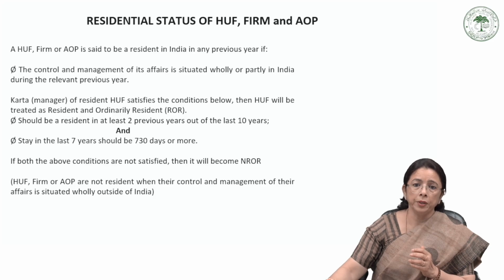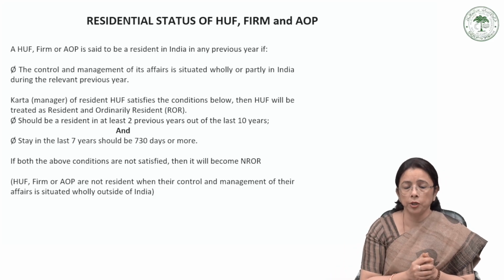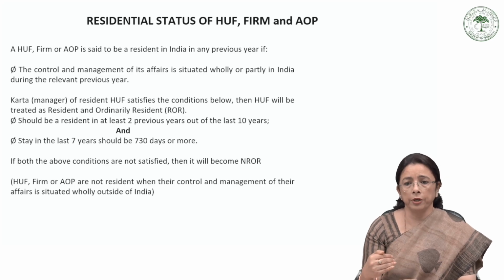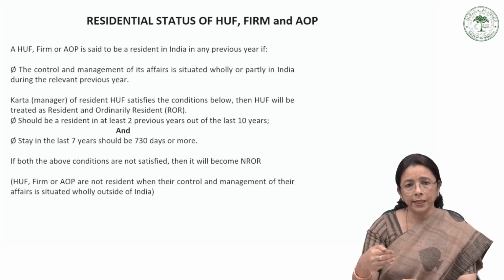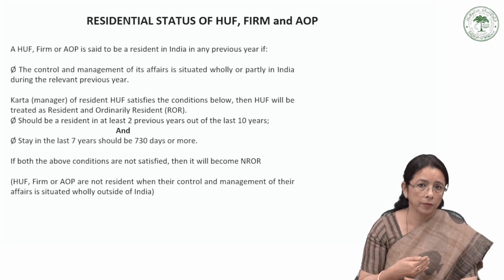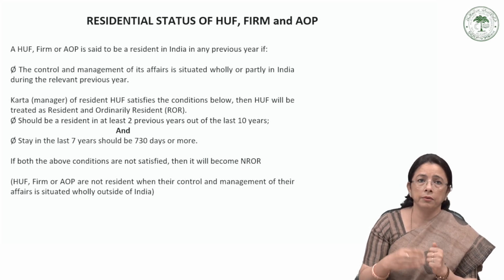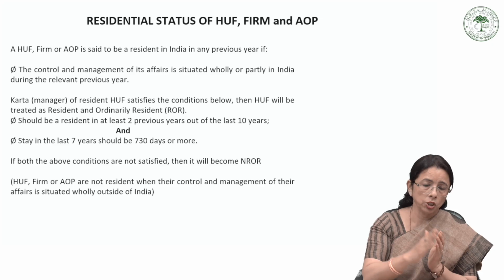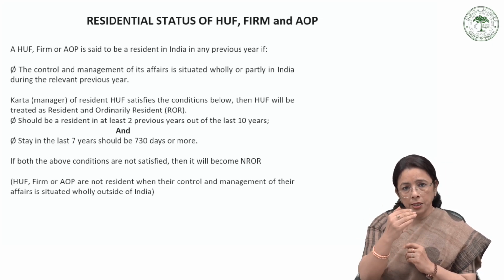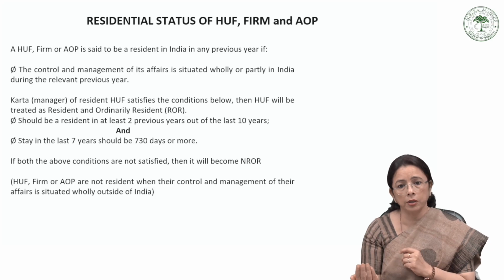Then we also have to take note of the residential status of firms and AOPs. This was all about the HUF. HUF is one of the entities which is treated almost like an individual, that is, it has the status of resident or not resident, and if it is decided to be resident, then whether ordinarily or not ordinarily.